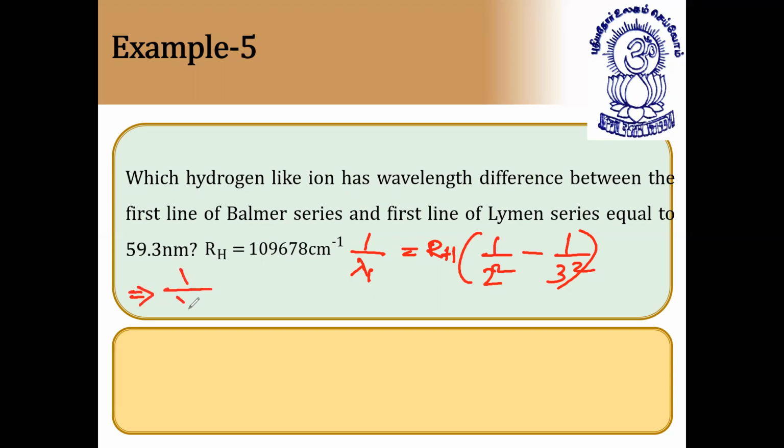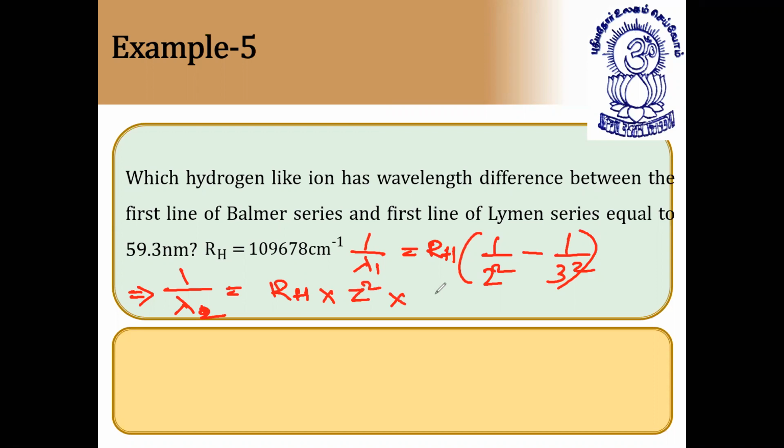Next case, 1 by lambda 2 is equal to RH into Z square, because it is a hydrogen-like species. We have to find the hydrogen-like ion. So in the first case I have taken hydrogen, and in the second case I have taken Z square because we don't know the atom.